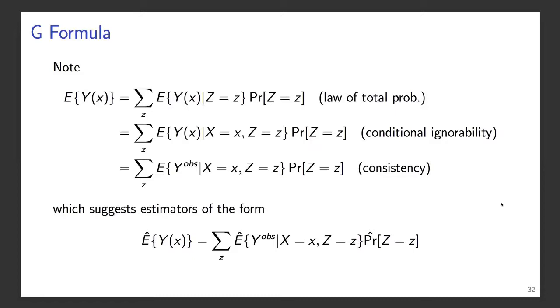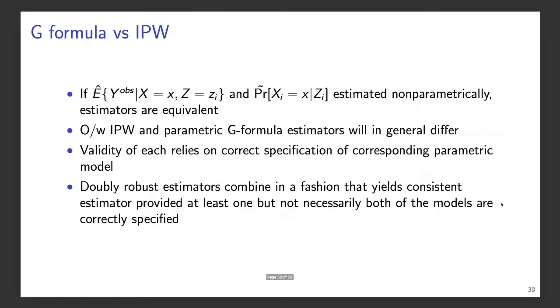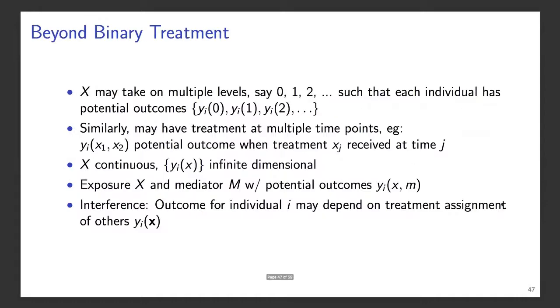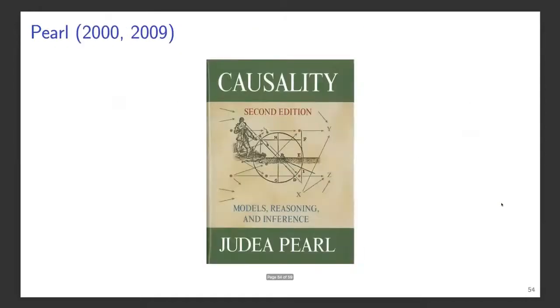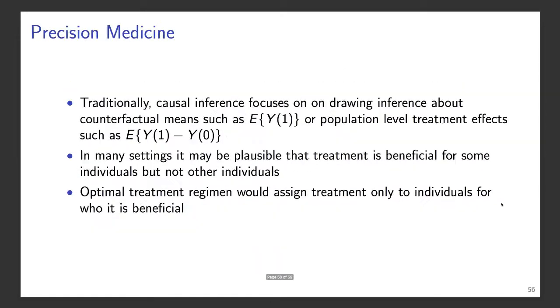Todd's second question was about how this relates to precision medicine. I did have a few extra slides to tie this into precision medicine, but I know we're over time. So I'll just say that the idea behind precision medicine is to give treatment only to those to whom it will benefit.